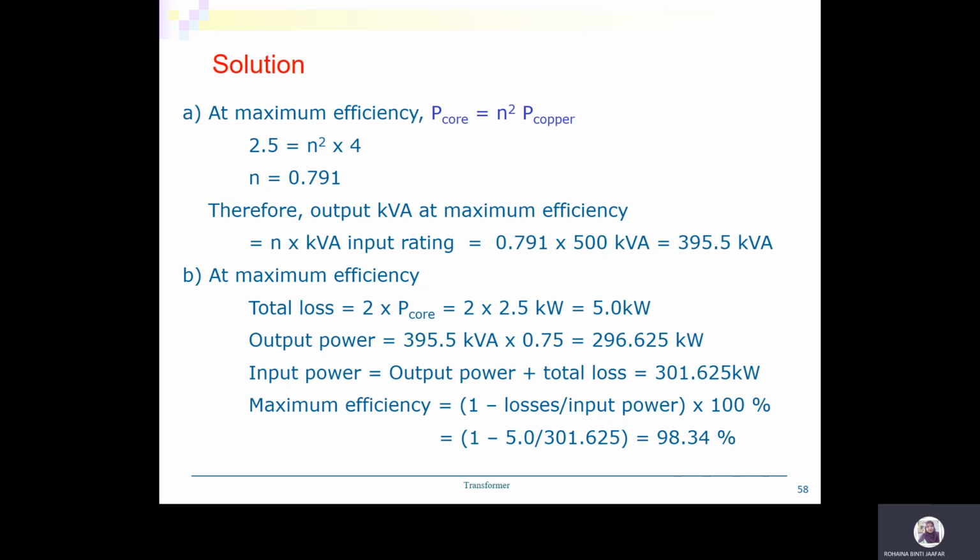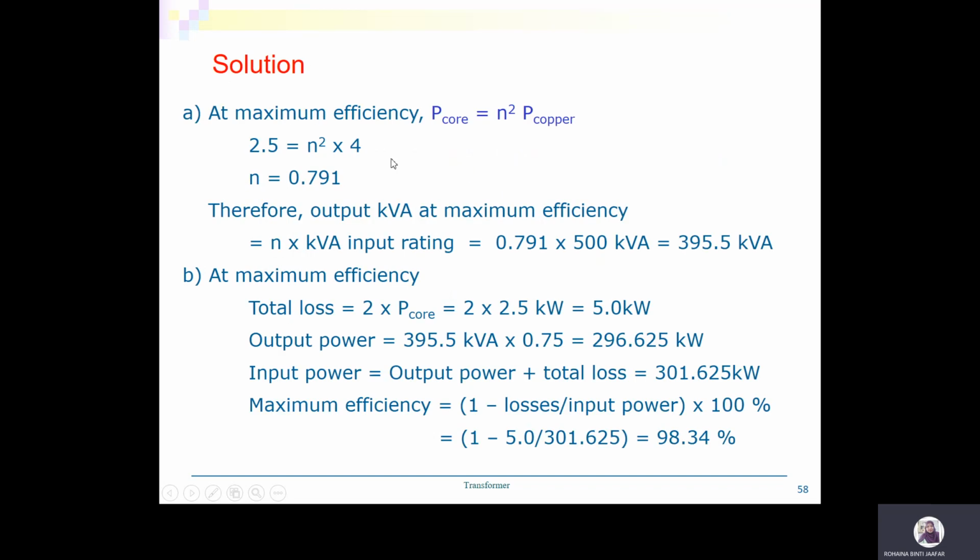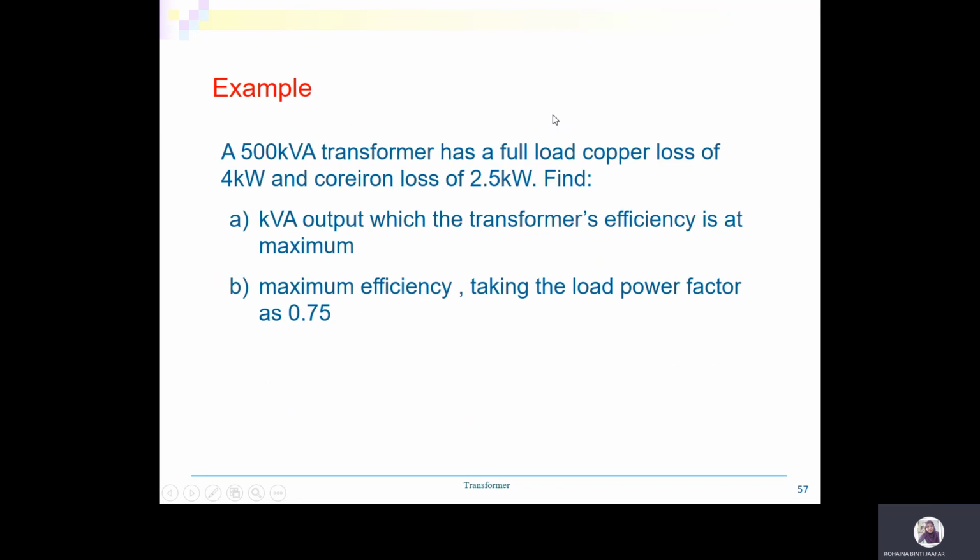So for A, at maximum efficiency, P core equals N square P copper. P core is already given, the core iron loss is 2.5 kilowatt. So 2.5 equals N square times 4, where 4 is P copper.